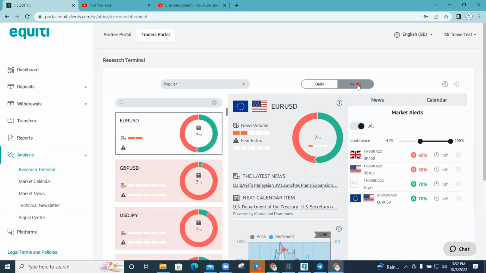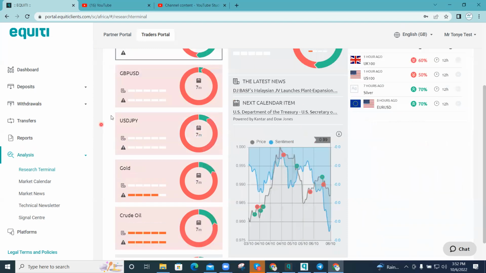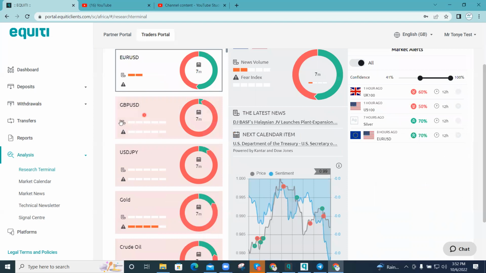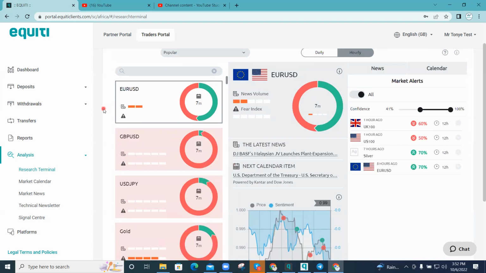That being said, I would also like to explain all of these rectangular and circular items that we have, and what they exactly mean. If you look into every rectangular box, you can find here the name of the asset that we want to trade.